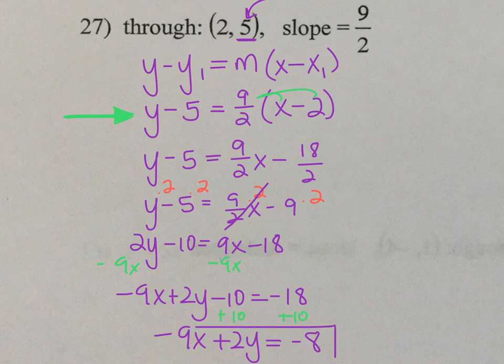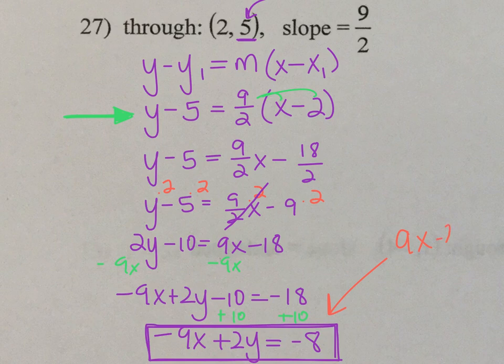Now, if you leave your answer like this, I'm not going to count that wrong. However, if you check the answer key, I believe it's going to tell you the answer is 9x minus 2y equals positive 8. Notice what's happening between those two: the signs are just completely opposite.